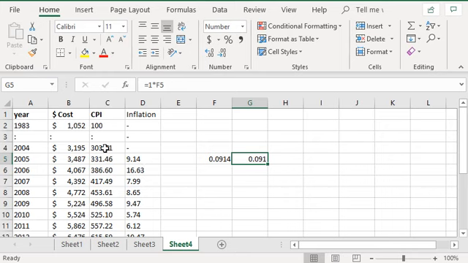If the thing cost $1 in 2004, the price increased by 9.14 cents. So all we're really doing is adding this and changing it to cents right here. So this is dollars. So we're just going to add this essentially to the dollar.